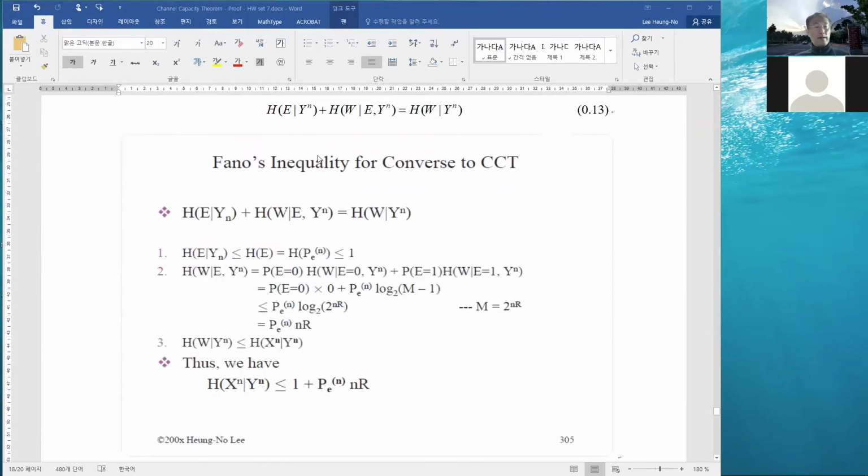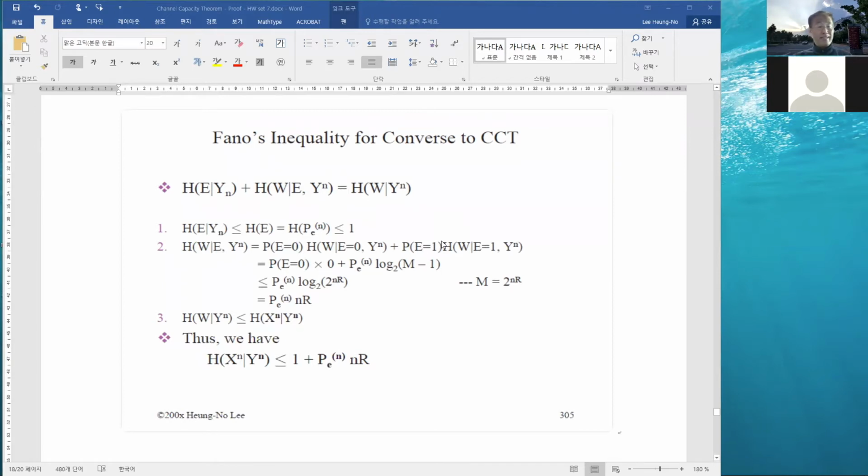Okay, so finally, for Fano's inequality for the converse proof of the channel coding theorem, we will use this equality that we derived a little earlier. Note that this part is less than or equal to 1, because E is a binary random variable. So the conditional entropy of E should be upper bounded by 1.